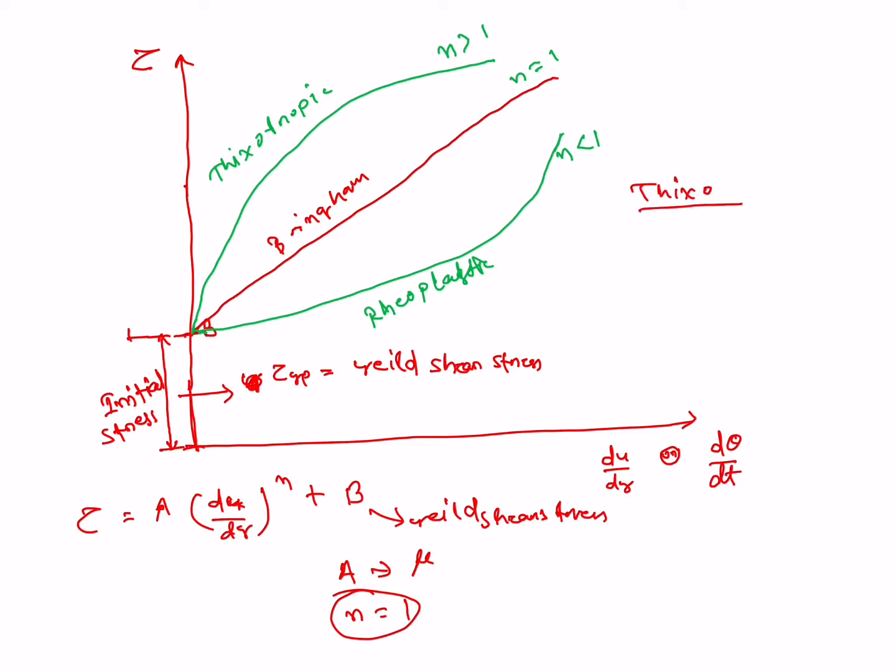Thixotropic examples are very important: printer ink. Then rheopectic examples are gypsum solution in water and bentonite solution.